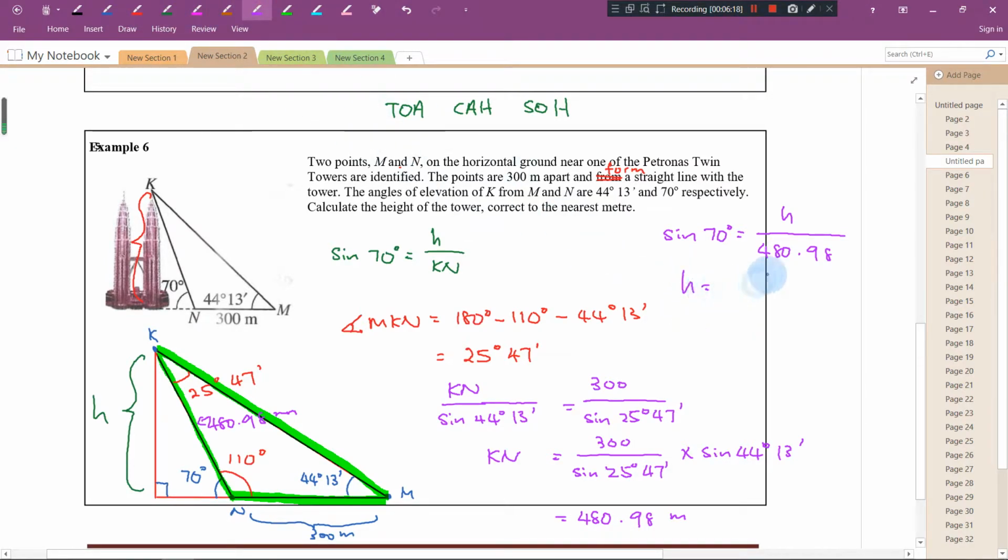So the height will be equal to 480.98 times sine 70 degrees. You will get 451.97 and something, a very long decimal. The question asks us to correct to the nearest meter, so it will be 452 meters. This is the answer for this question.